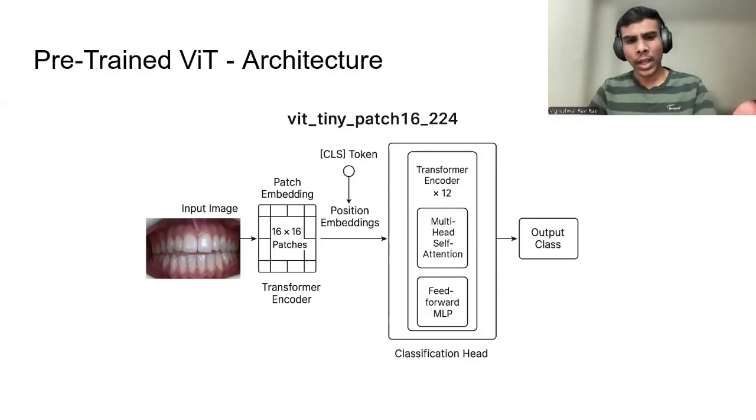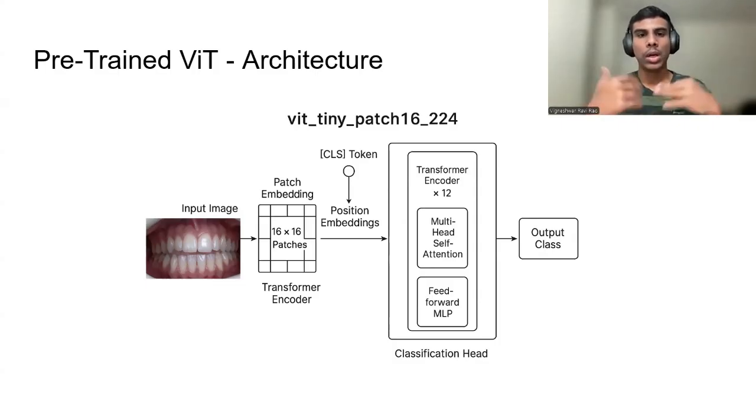After the patch encoding has been done, we introduce a new token called the classification token and the position embeddings for that image. The classification token is what is used by the deep learning model to learn to classify the input images.